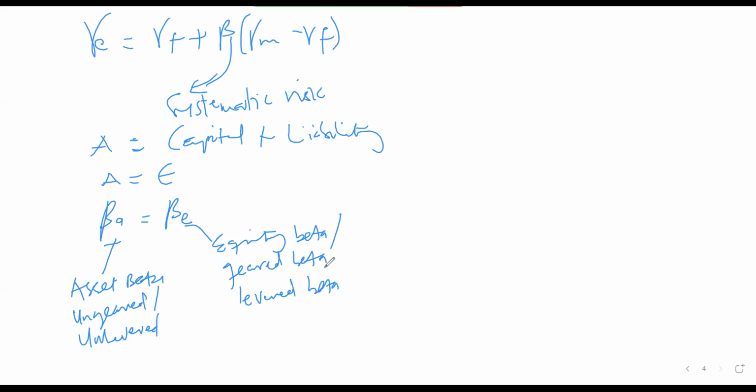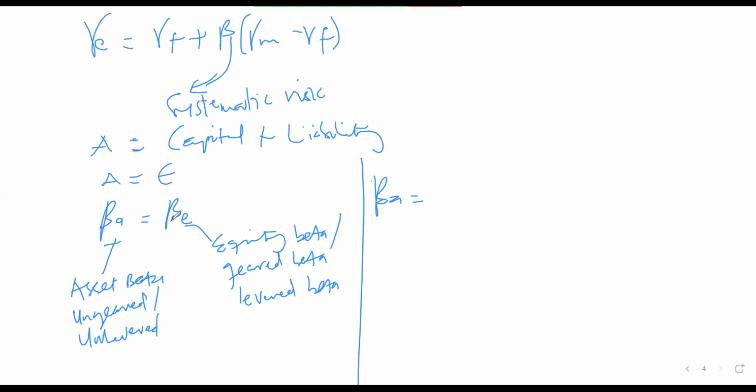As soon as we introduce debt, your asset beta becomes the proportion of equity beta plus the proportion of debt beta. Before introduction of debt, your firm was 100% equity, and therefore your asset beta was equal to the equity beta. But now you have to calculate the weighted average of the betas.